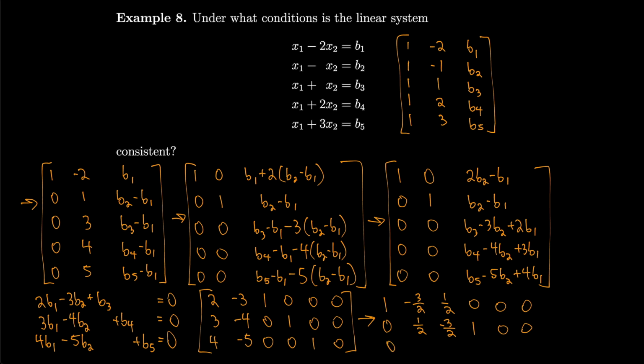And last but not least, 0, 1, minus 2, 0, 1, 0. Okay, good. I would like now to get a leading 1 over here, and 0s above and below.